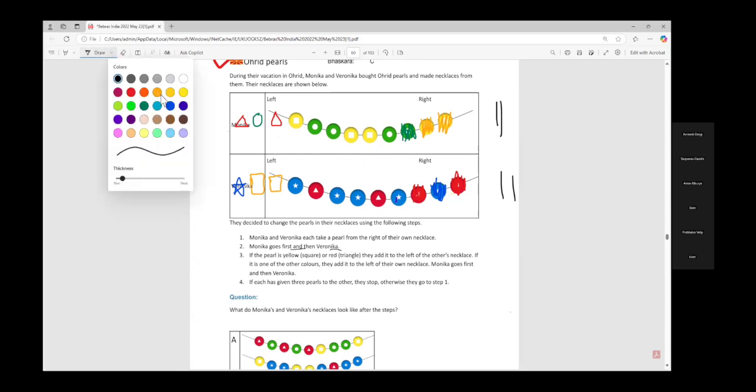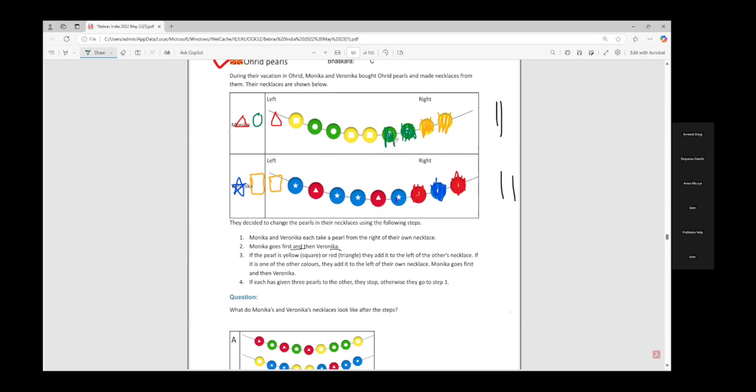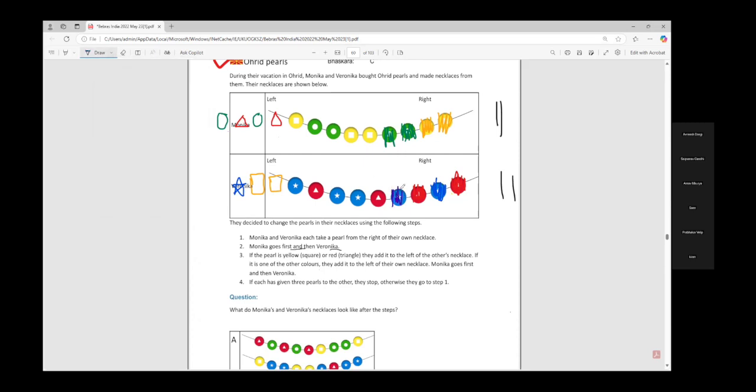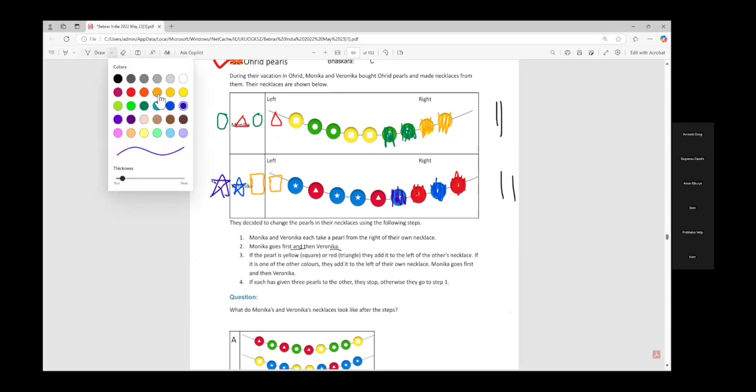It's Monica's turn again, and a green circle. The green circle goes to yourself right here. Veronica's turn. A blue star. The blue star also goes to herself again. Next, we have a yellow square, which is nice.